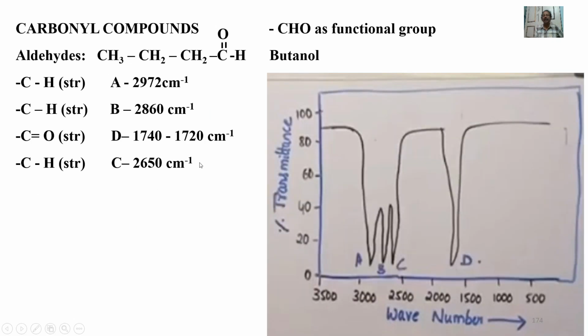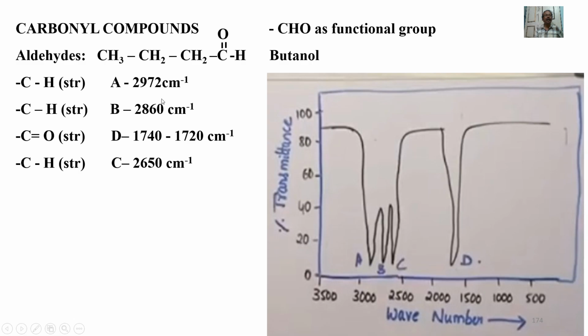Now we'll look at carbonyl compounds. And here the functional group is nothing but CHO. Example is nothing but butanal. So this is about the aldehydes. And the stretching. The first one is CH stretching in CH3, which lies at point A at 2972 per centimeter.